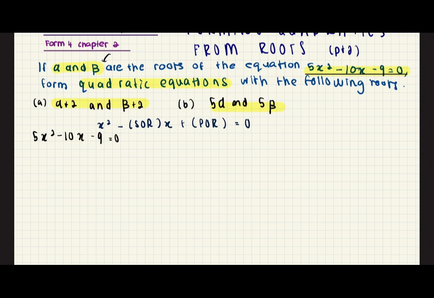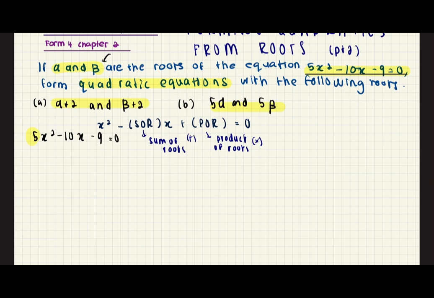Here we want to get rid of the 5. This is not into any question yet, okay? First we need to get the sum and product. As I said, this is sum of roots, meaning you add the roots up, and this is product of roots, meaning you multiply both of the roots.